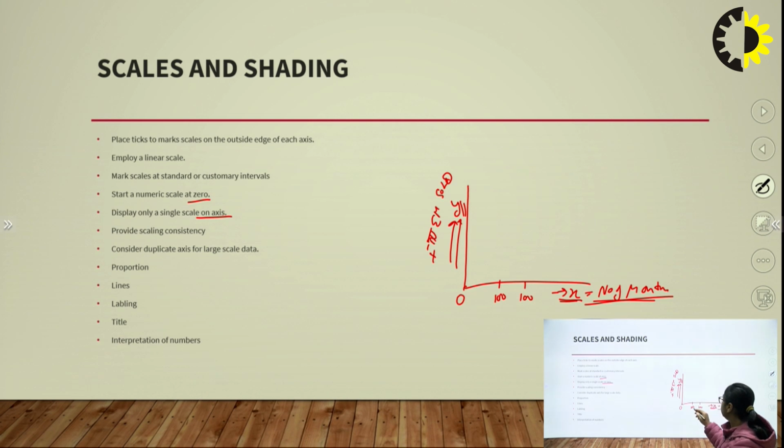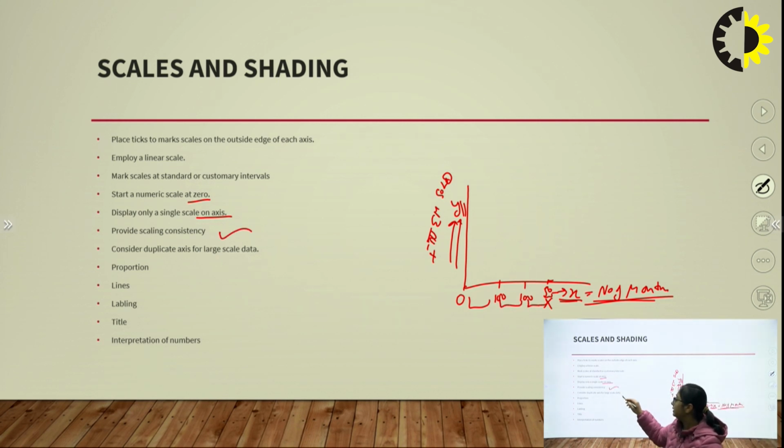We can't have 100 and then again 50, as this scaling would be wrong. You have to use the same scaling on one axis. Provide scaling consistency: if we use an equal amount of data along one axis, we provide scaling consistency.